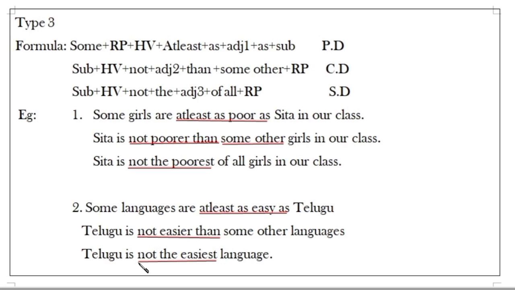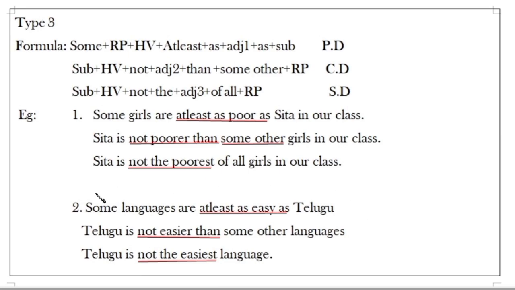According to that structure, we should not change the sense when we change from positive to comparative degree. The meaning should not change. According to that only, we have to change positive, comparative and superlative, all three forms in degrees of comparison.